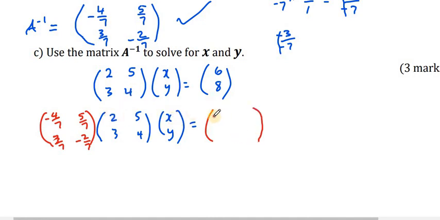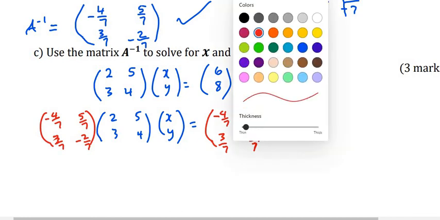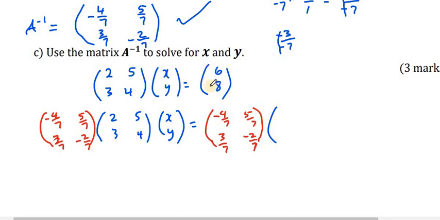Let's write A inverse. And of course, we're going to multiply that by the constant matrix, 6, 8. So the constant matrix gets multiplied by the inverse, and this side over here gets multiplied by the inverse.